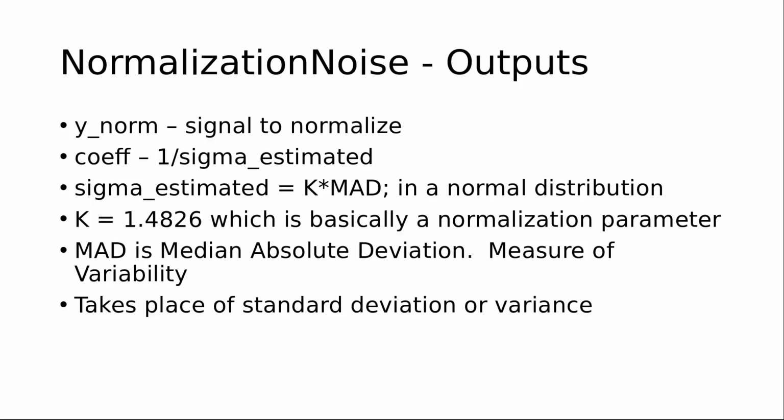It gives you the sigma estimated, which is basically that original calculated K value, which I mentioned is kind of based off a Gaussian. Then it's going to multiply that by the mean absolute deviation, which is just a measure of variability, though less common than actual variance or standard deviation. It is basically the same idea, but more robust to outliers, because you're kind of trying to detect outliers here.